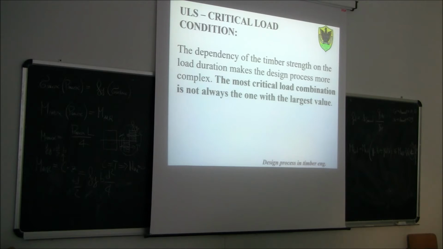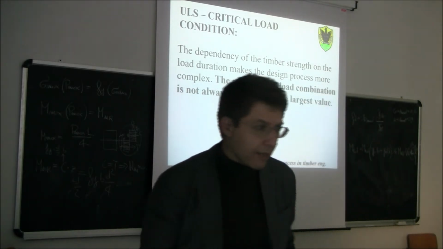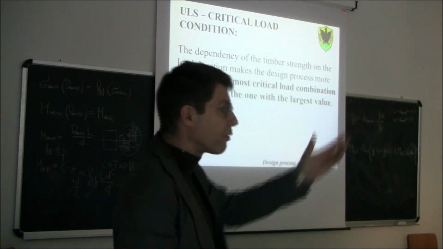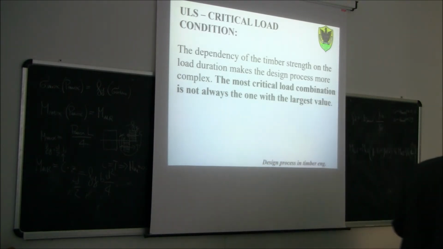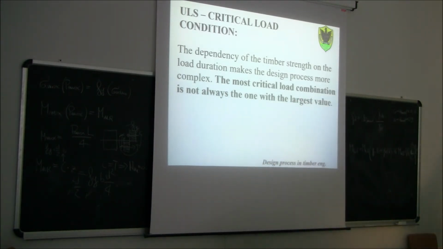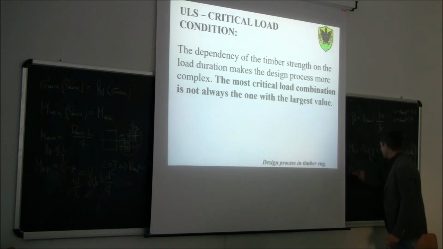Since Q is a variable load, now I'm designing for a situation where I have a variable load. But the variable load can also be not there. For example, if I'm designing a roof, most of the time on the roof there won't be any snow. Okay? Meaning that I should also consider another load combination. This is MED prime.